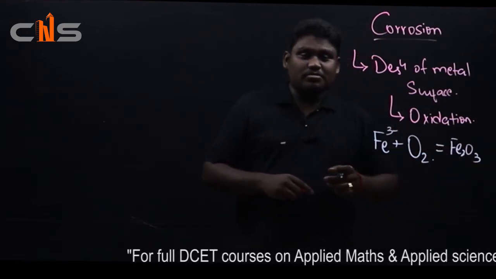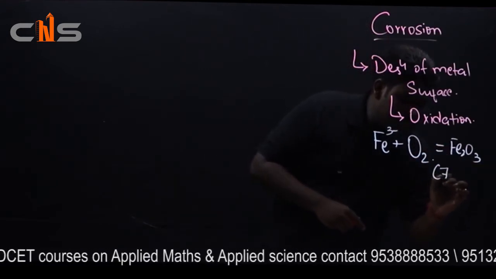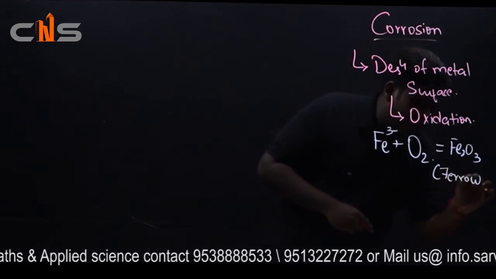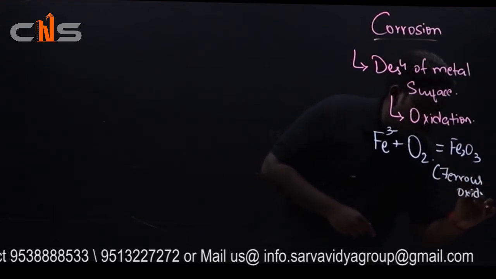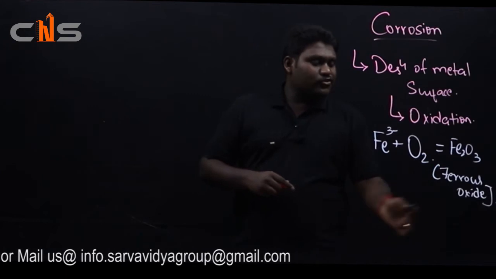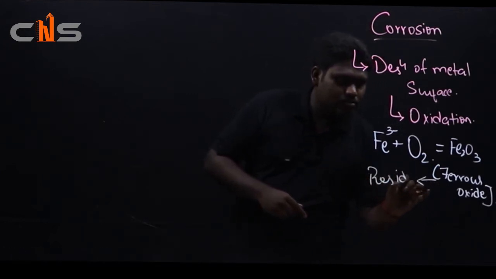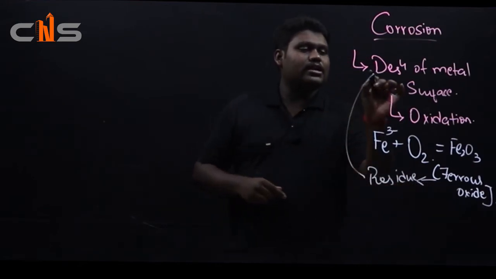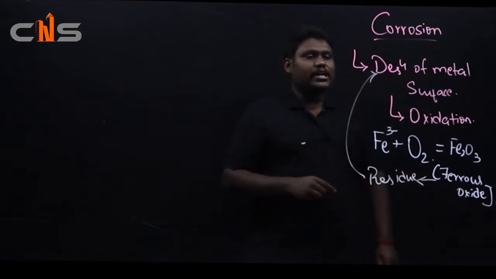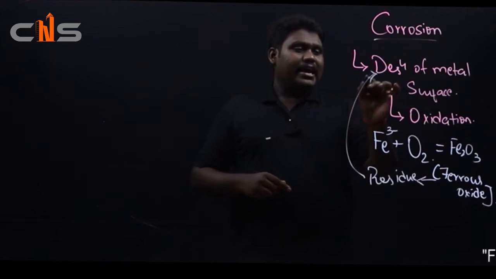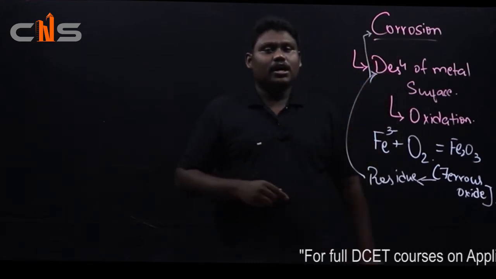So this forms Fe2O3, that is ferrous oxide. This ferrous oxide is also known as residue. This residue is what leads to the destruction of material, and this process is known as corrosion.